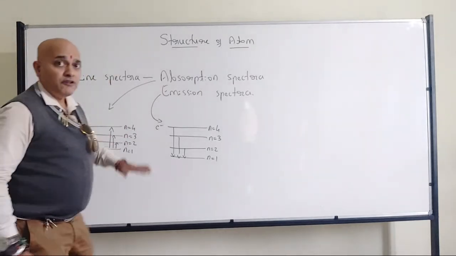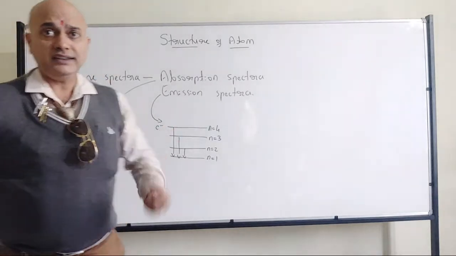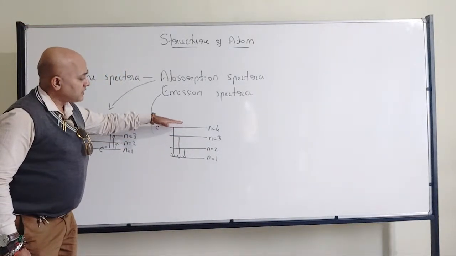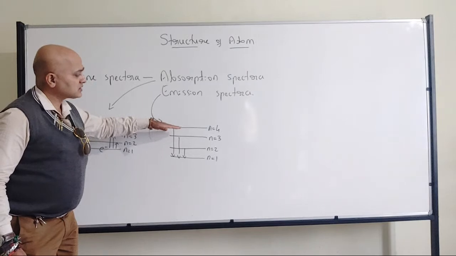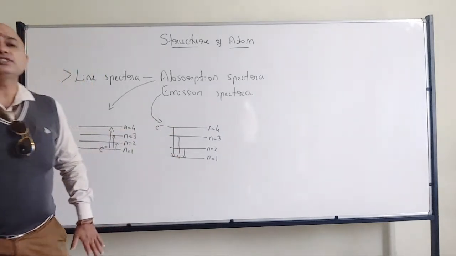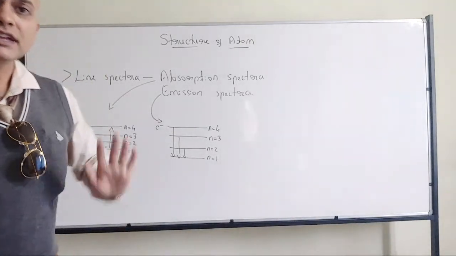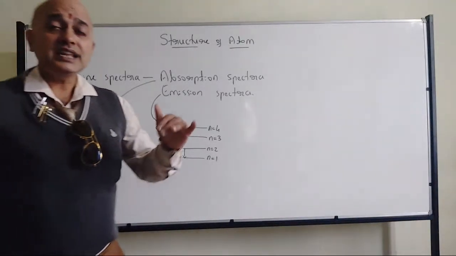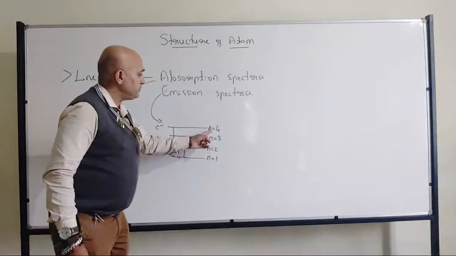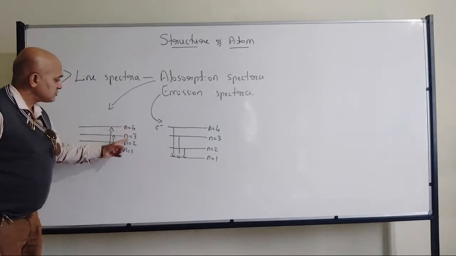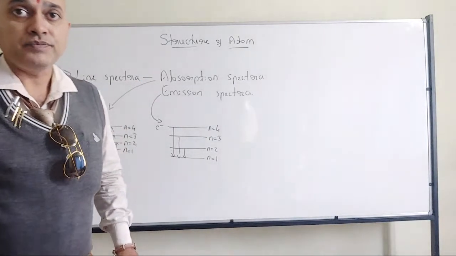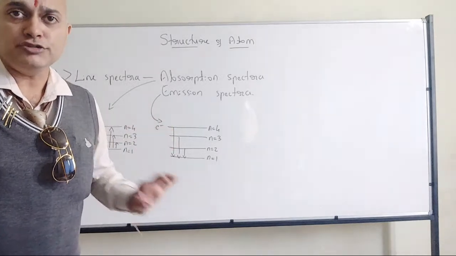It depends where the electron was located in the beginning. But here electrons will come back to ground state, or electrons are moving from higher energy level to lower energy level. So one thing you should remember, energy level is going to increase as there is an increase in the n value. Okay, so all these things you should remember.